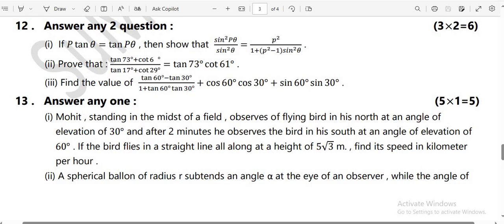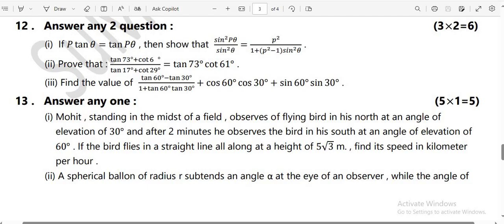Mohit, standing in the middle of a field, observed a flying bird in his north at an angle of elevation of 30 degree, and after 2 minutes he observed the bird in his south at an angle of elevation of 60 degree.